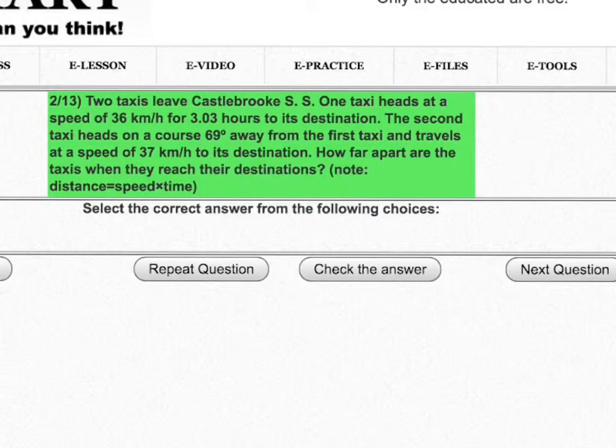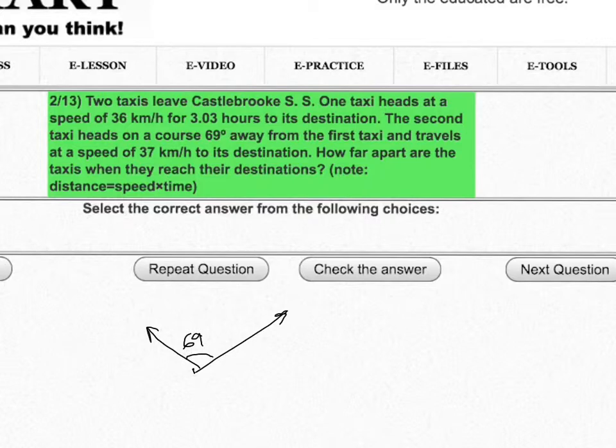Now, to solve this one, again, I'm going to draw the diagram first. I know that the two taxis start from Castlebrook. So let's say they start from here. One goes this way, the other one goes this way. The only thing I know is that this angle is given to be 69 degrees.